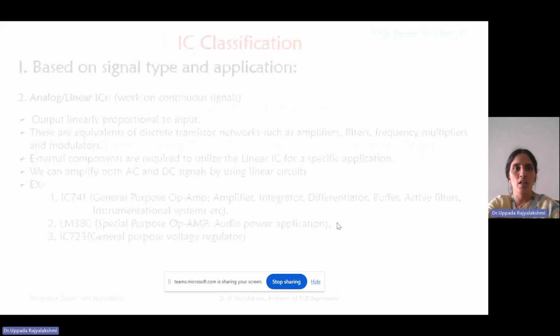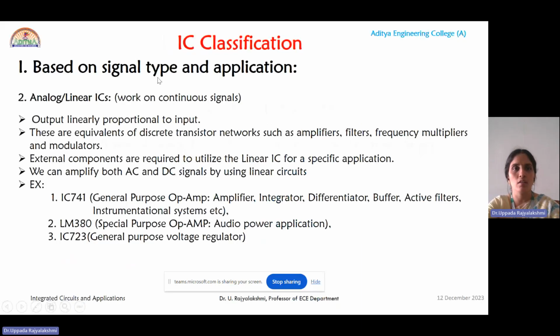The second type of IC based on the input signal category is the analog or linear IC. Here the output of this linear IC is linearly proportional to the input.